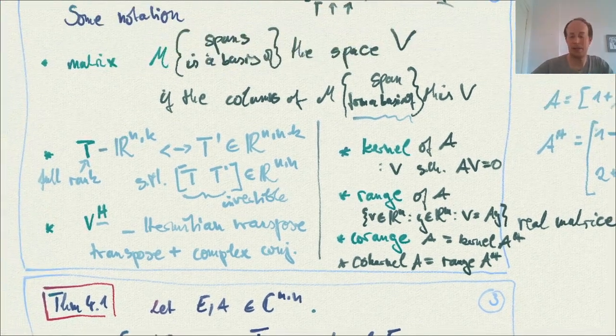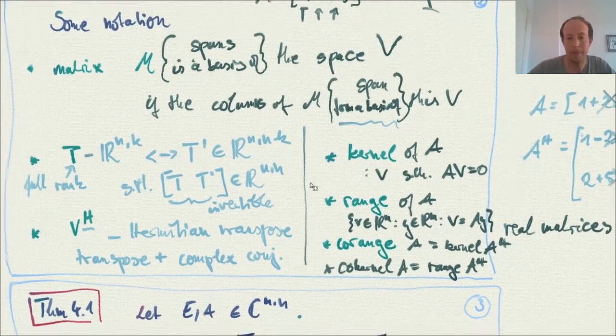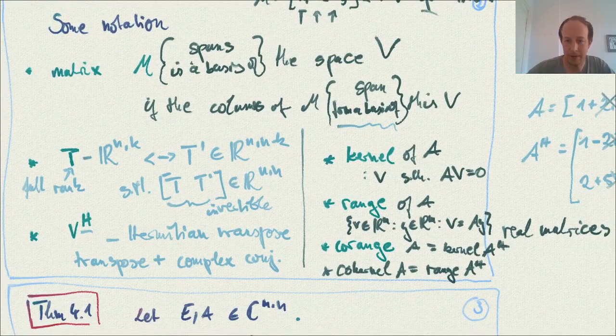Okay, so now you have all together. I hope in the script there's also this co-range, range, and so on explained.